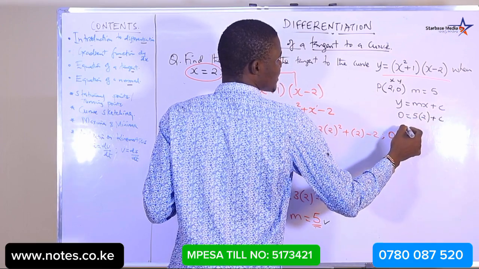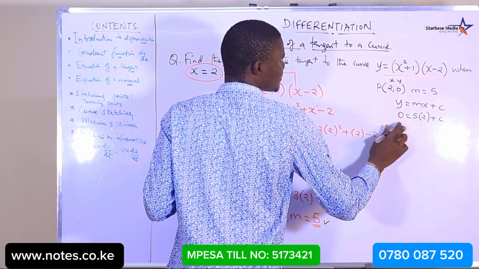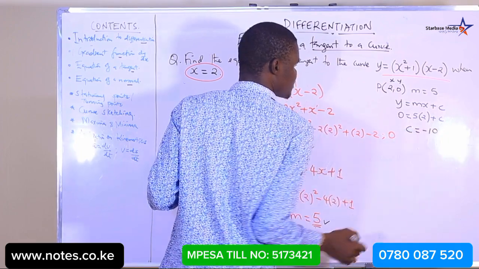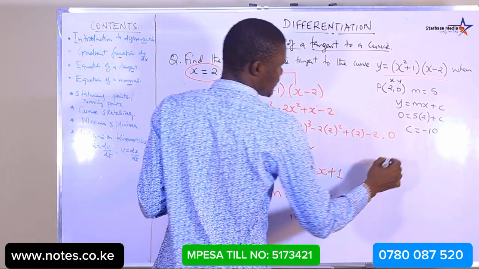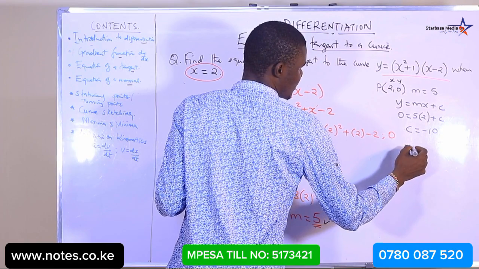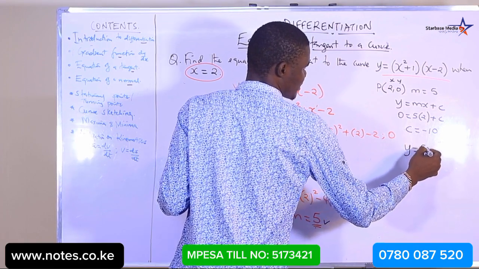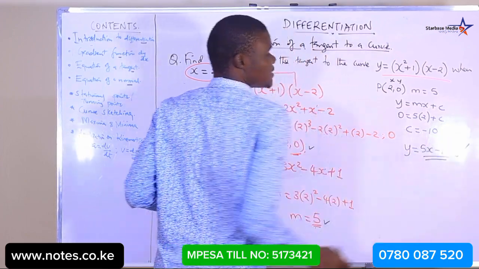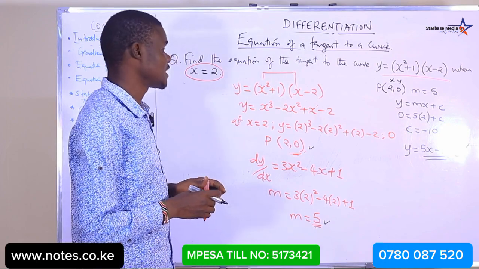So our c will be negative 10, because it will cross the equal sign. Therefore, our equation of the line will be y = 5x - 10. Simple. That is how we go about it.